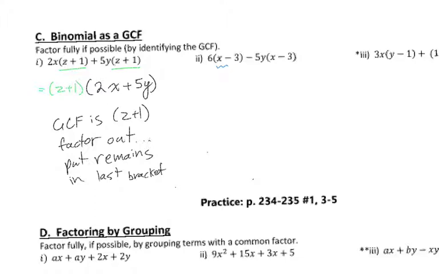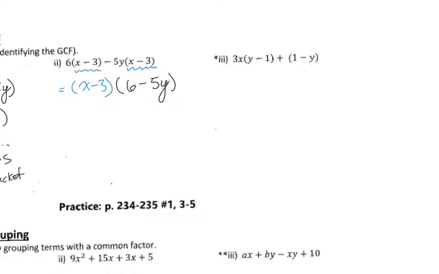And just remember that whatever's left over goes into the second bracket. So in this case, our GCF is going to be x minus 3. We pull that out, and then we're left with 6 minus 5y. And in that case, the GCF was just x minus 3. How about the next one?